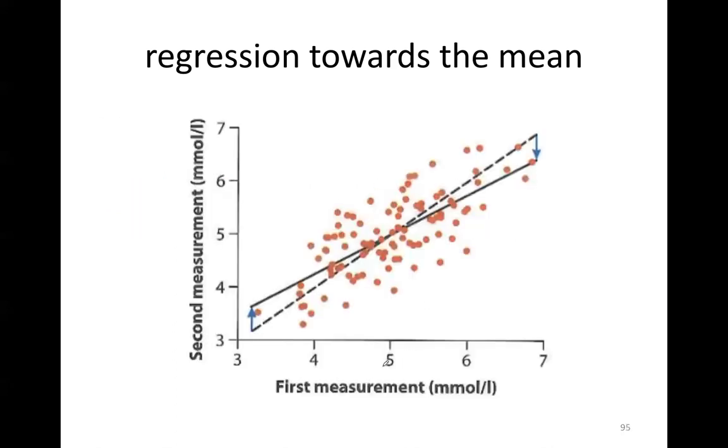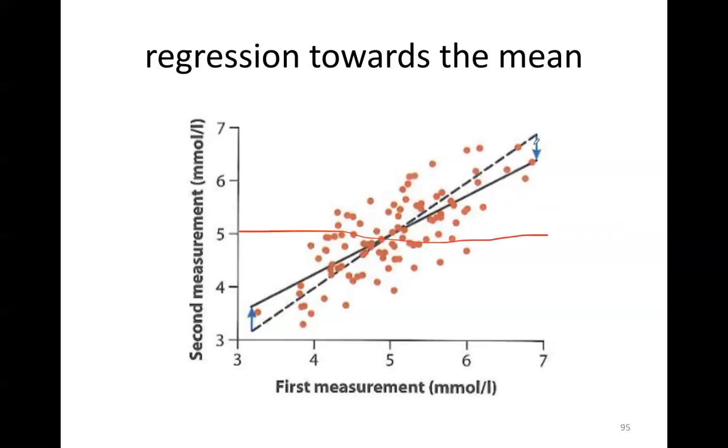So when you compare two measurements on the same units, the most extreme values for the first measurement, the lowest ones or the highest ones, will tend to have less extreme values in the second. And that's called the regression towards the mean, towards the average.